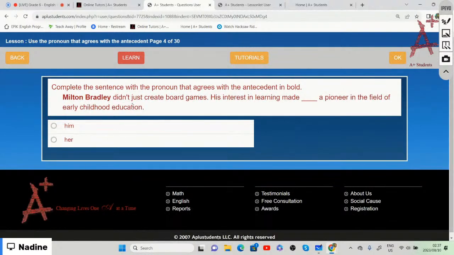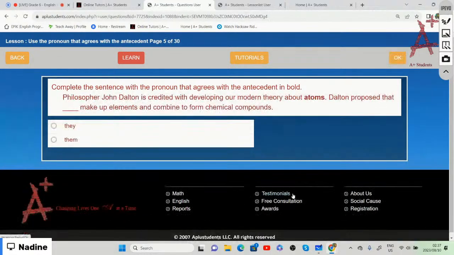So Milton Bradley didn't just create board games, right? His interest in learning made him a pioneer in the field. So it made him. So him being our pronoun.